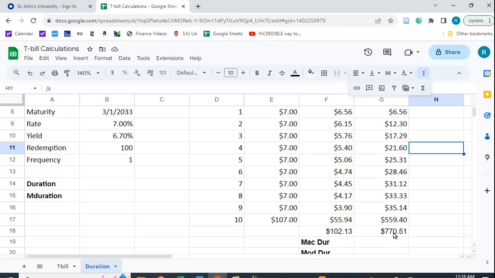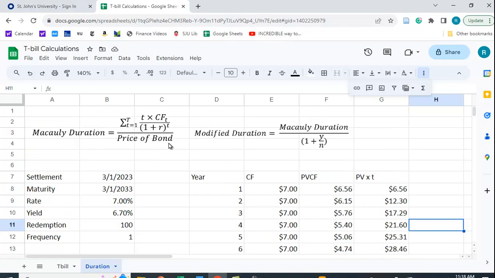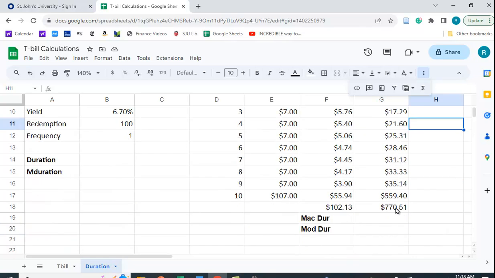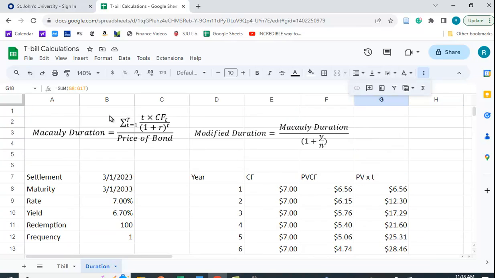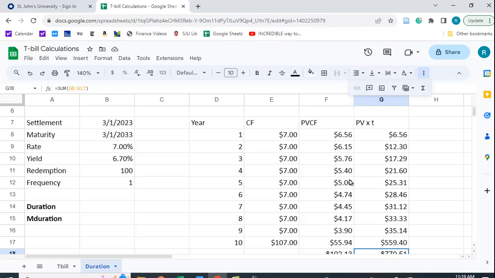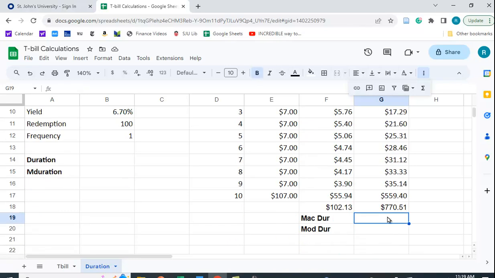So the Macaulay duration would be this right here, which is the numerator, and then we divide by the price of the bond. So I'm going to say equals this divided by this, and I get 7.544. So that's about the average amount of time you wait to get your money.